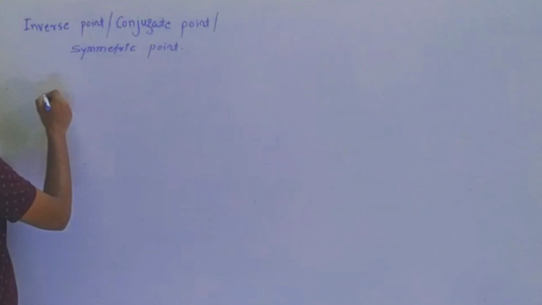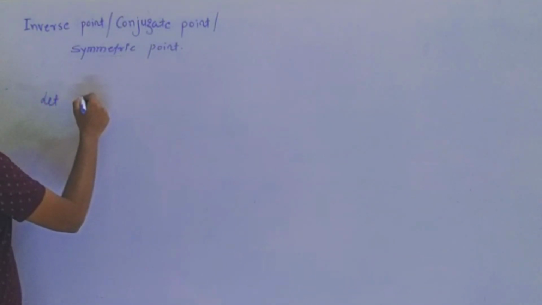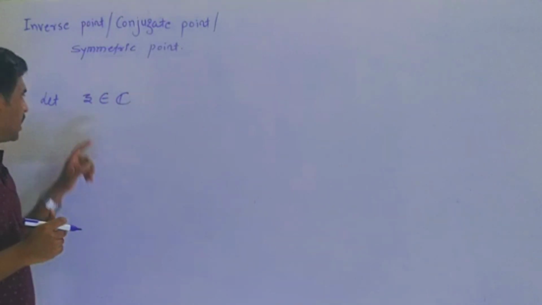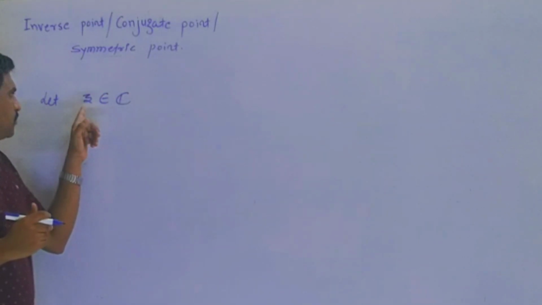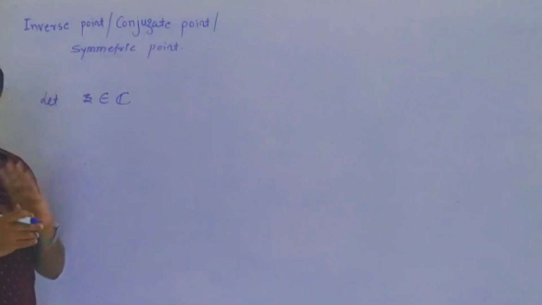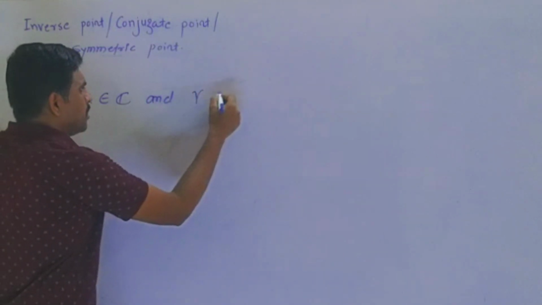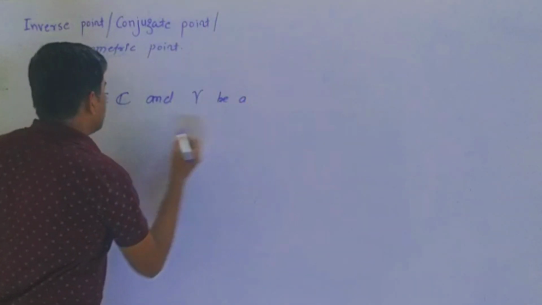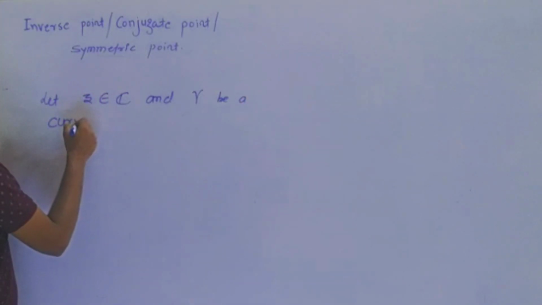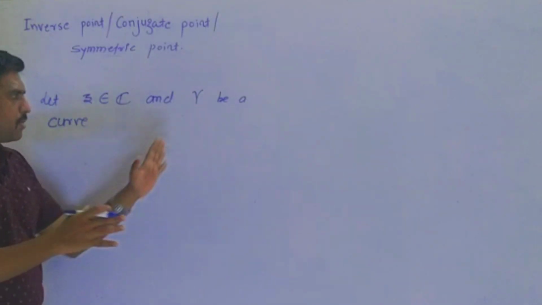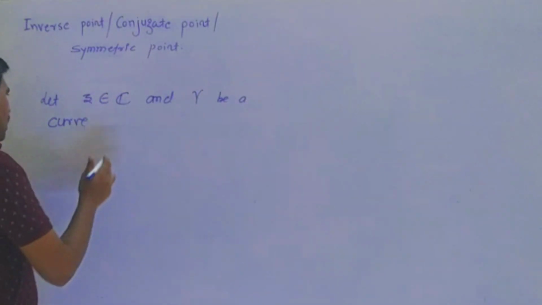Let z belonging to C be any complex number. I write z like this, so don't confuse it. Let z be any complex number, and let gamma be a curve, obviously on the complex plane, gamma be any curve.